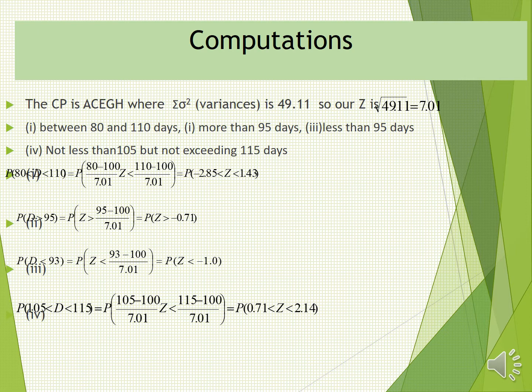So 80 minus 100 over 7.01 is less than Z, and Z less than 110 minus 100 over 7.01. And so we shall get the probability of Z lying between negative 2.85 and 1.43.